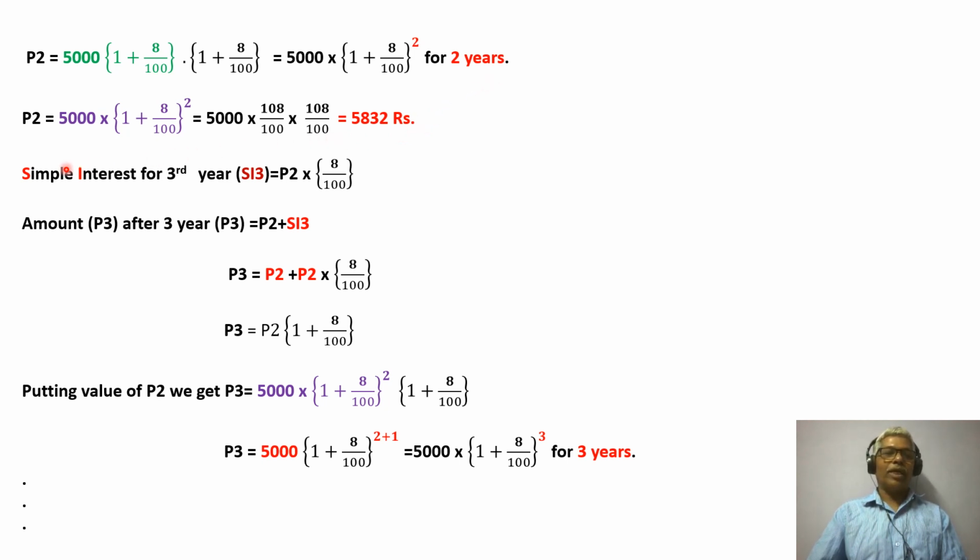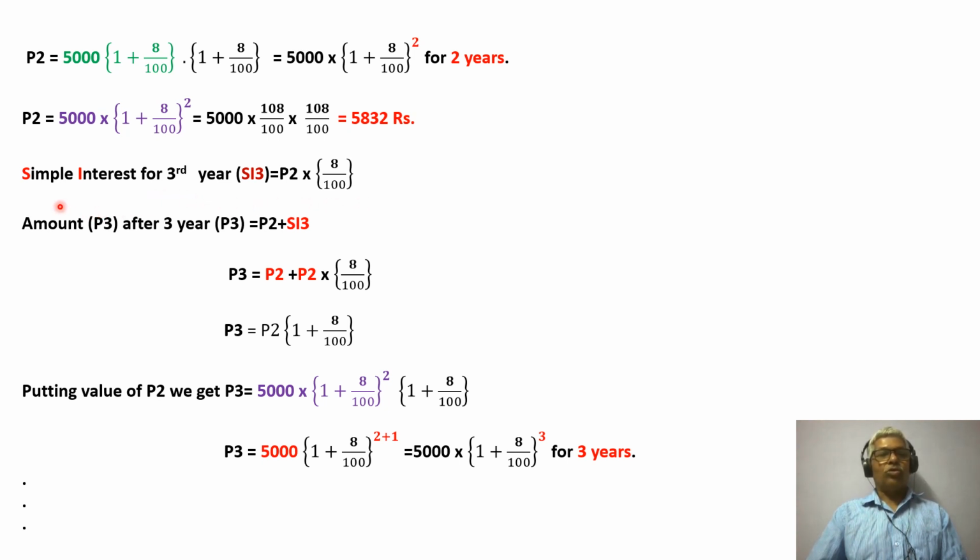Now we calculate simple interest SI3 for the third year. SI3 will be P2 into 8 upon 100. The formula remains the same, only the principal is changing, and we calculate it for each year separately.